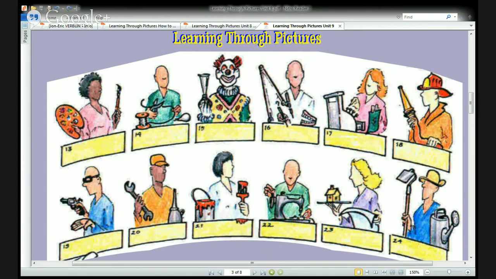So we're back to the picture. What's the job of the person in the upper row to the far right side? Asma, what do you think? Musician?